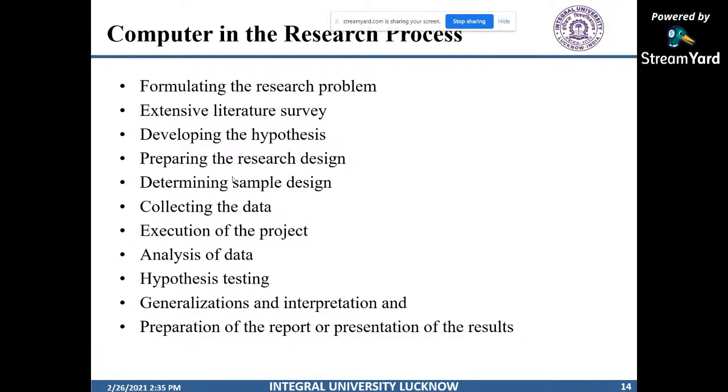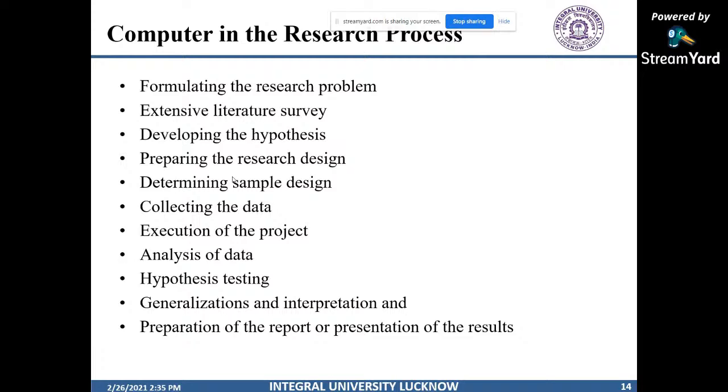Then the important part is execution. Execution is very important. The work you are doing in your PhD is a project, so that's why I have written here execution of the project.